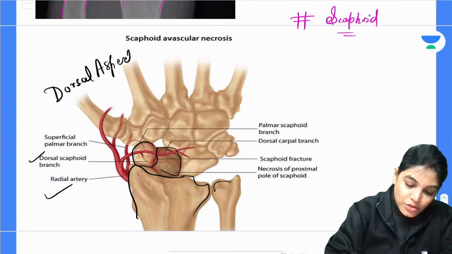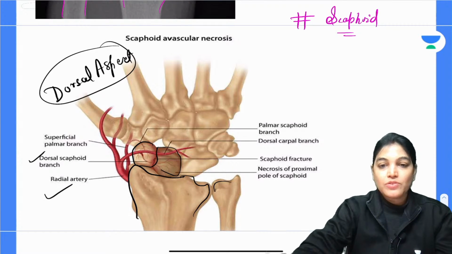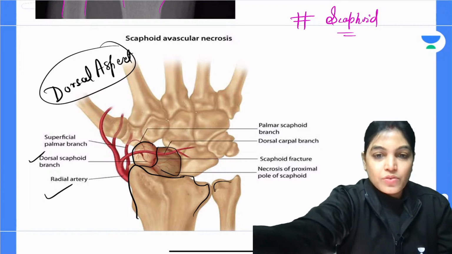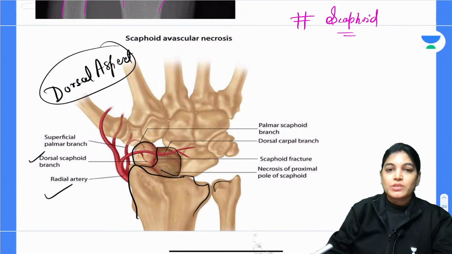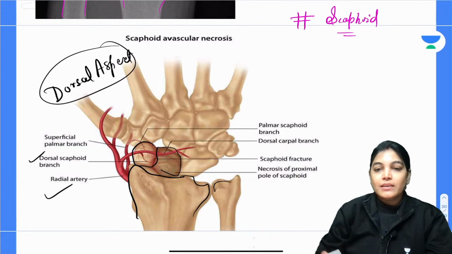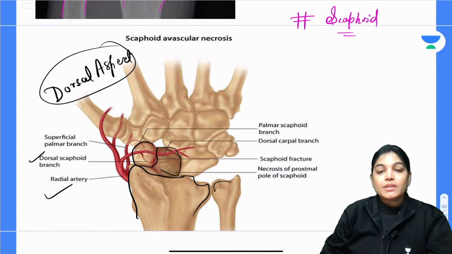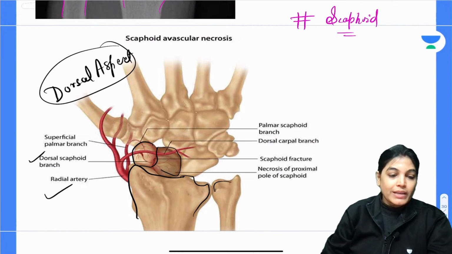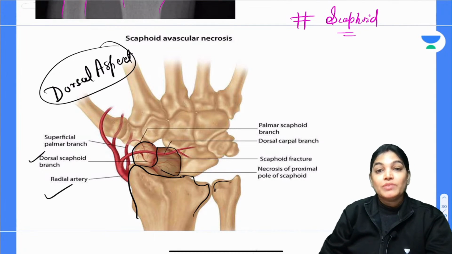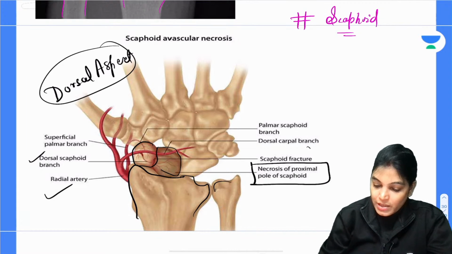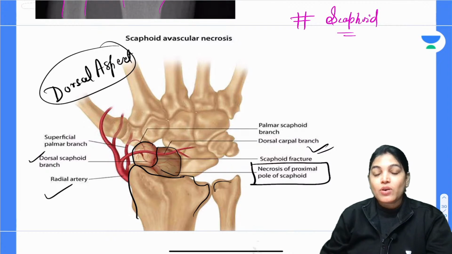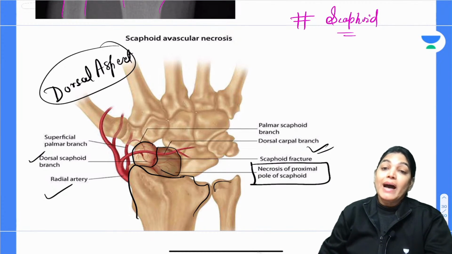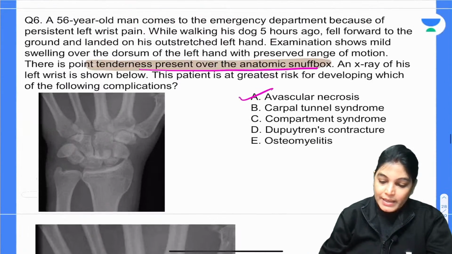So when the waist and the neck of the scaphoid are fractured, it will lead to injury of the arterial supply to the scaphoid bone, which can lead to avascular necrosis in the proximal region. Long lasting or untreated cases can also have arthritic changes because of this avascular necrosis. So we will mark the correct answer A.